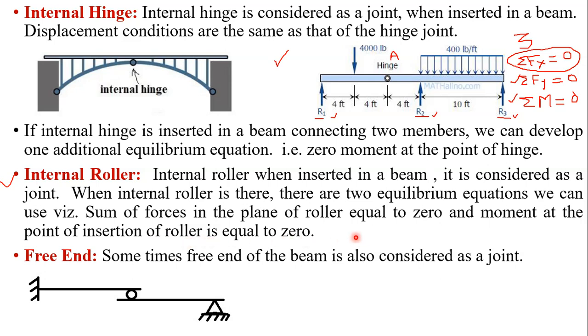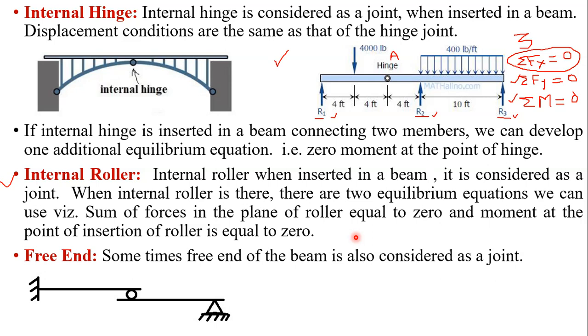Thus, in addition to the conventional three equilibrium equations, we can develop two more equations, that is the sum of forces in the plane of the roller is equal to 0 and summation M at the point of insertion of the roller is equal to 0, and thus we can solve the indeterminate problems.